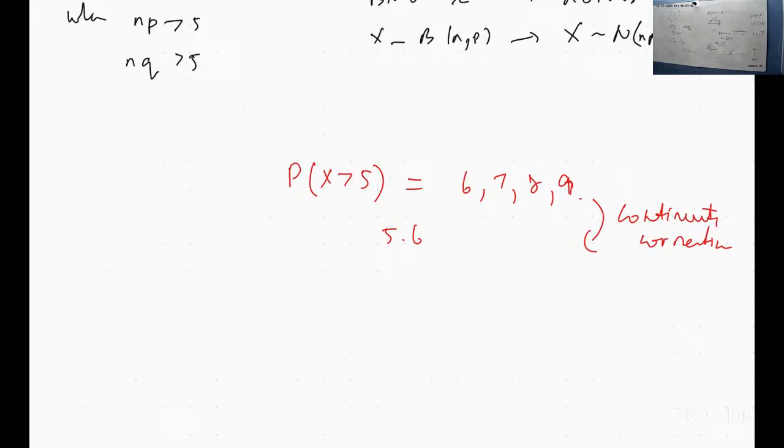So how do we change this to include values like 5.6?